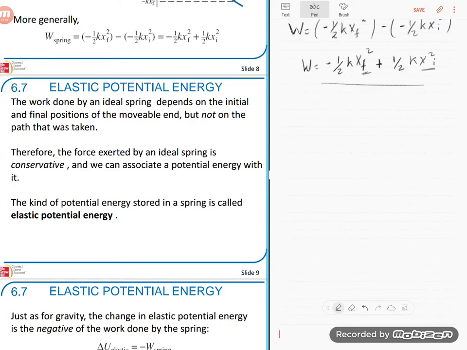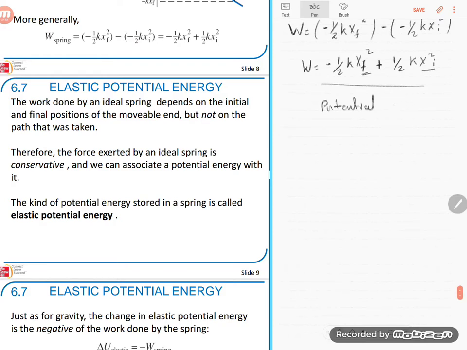So for potential energy, you may have heard two things about potential energy. One is this one, elastic potential energy.